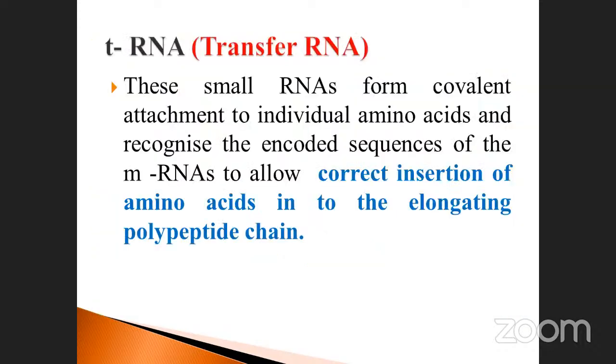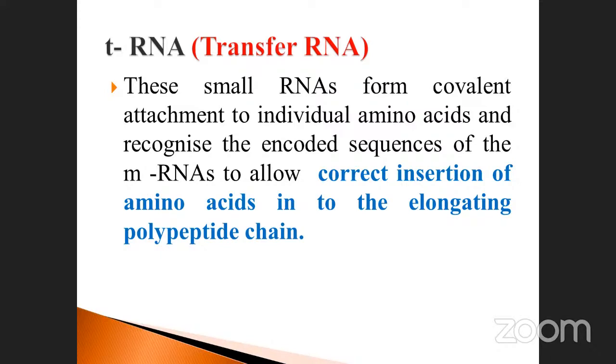See that one. And another one is tRNA, transfer RNA. These small RNAs form covalent attachments to individual amino acids and recognize the encoded sequences of the mRNA to allow correct insertion of the amino acids into the elongating polypeptide. It is very, very important. For example, messenger RNA has some codons.